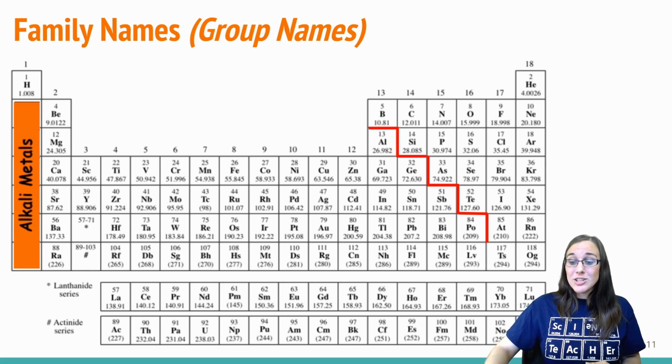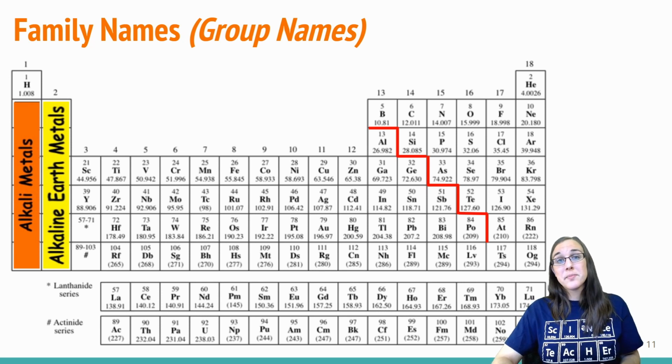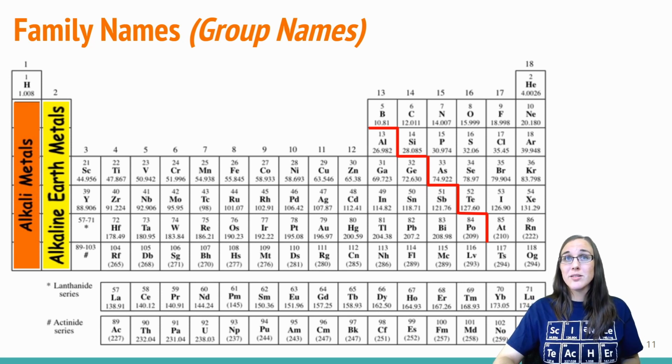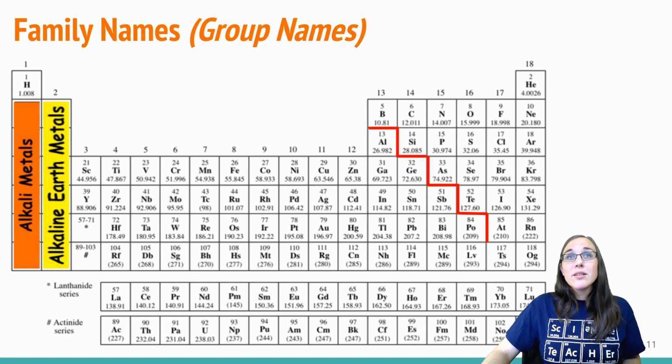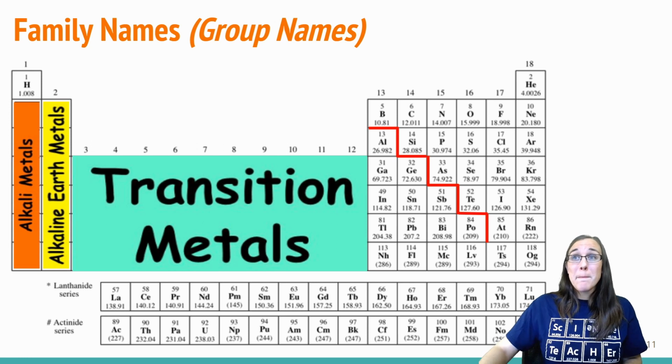Now in the column adjacent to it, those are called alkaline earth metals. All of these metals in the middle over here, notice that these are both metals. They were both on the blue side. They're still metals. All of these here in the middle are known as transition metals.